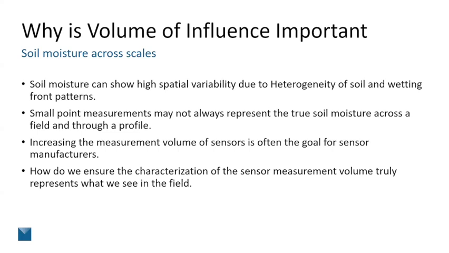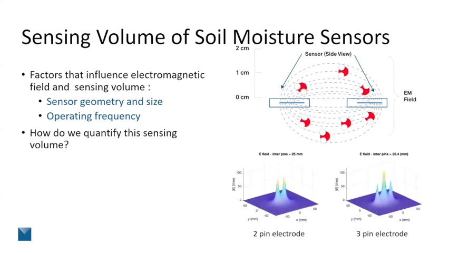But let's keep diving into sensing volume for soil moisture sensors, specifically dielectric-based soil moisture sensors. There are a lot of factors that influence the electromagnetic field and the sensing volume of dielectric-based soil moisture sensors. You have the sensor geometry, the size of the needles, things like that.